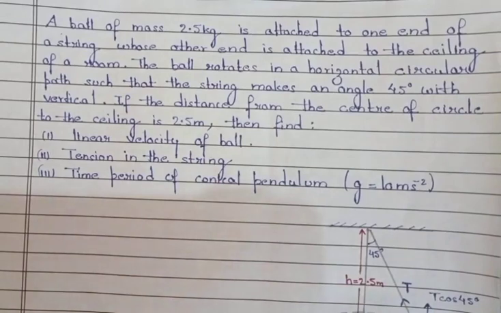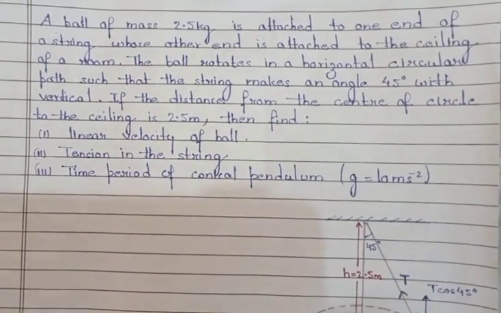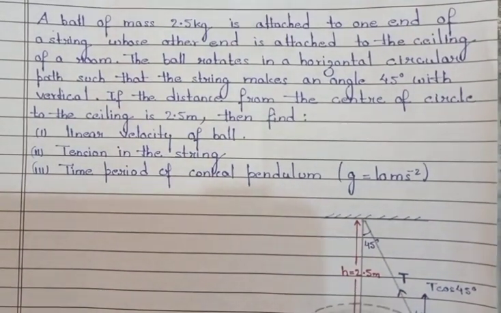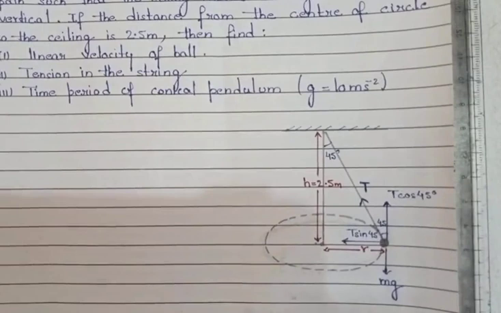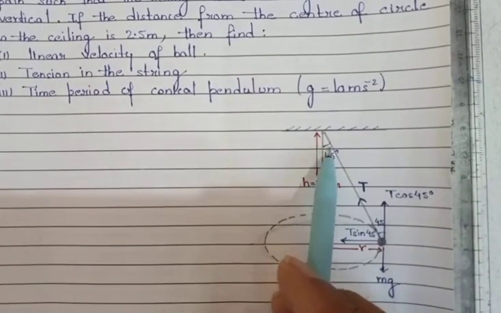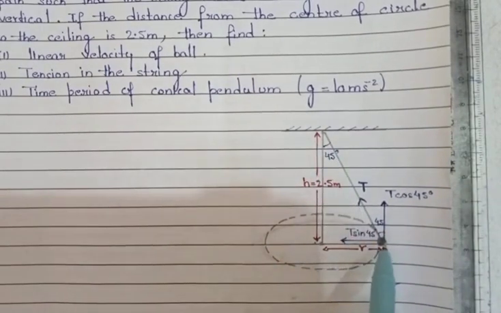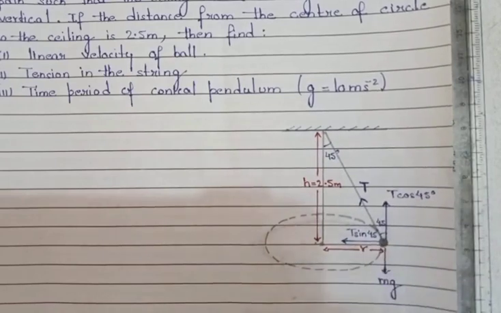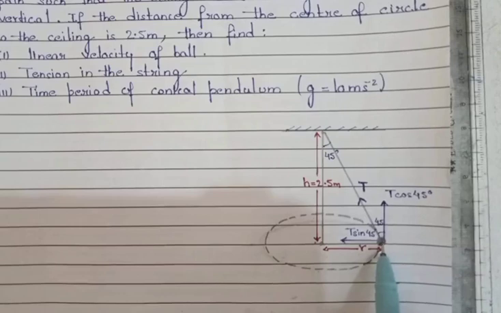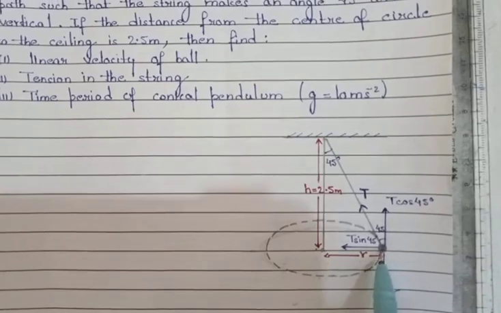Now according to the given question, the ball of mass 2.5 kg is attached to the string. So here we have shown the string, and to the string is attached a ball whose mass is 2.5 kg.